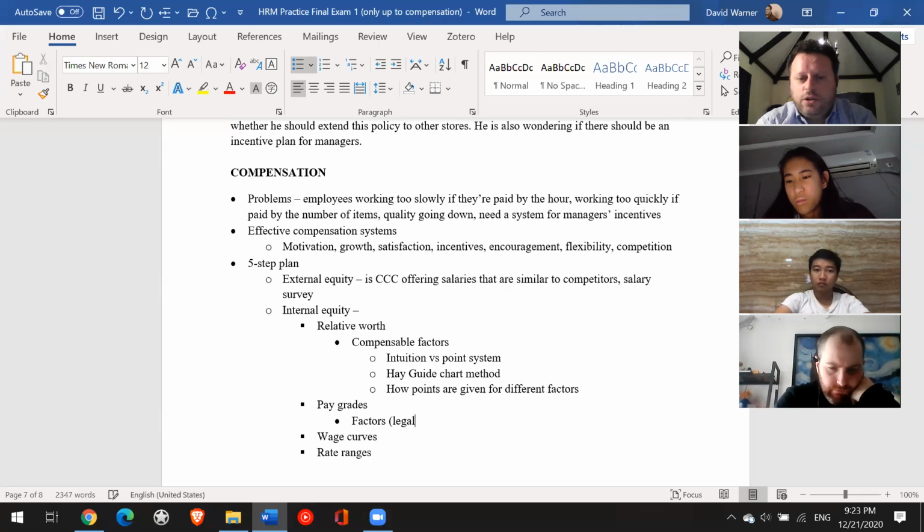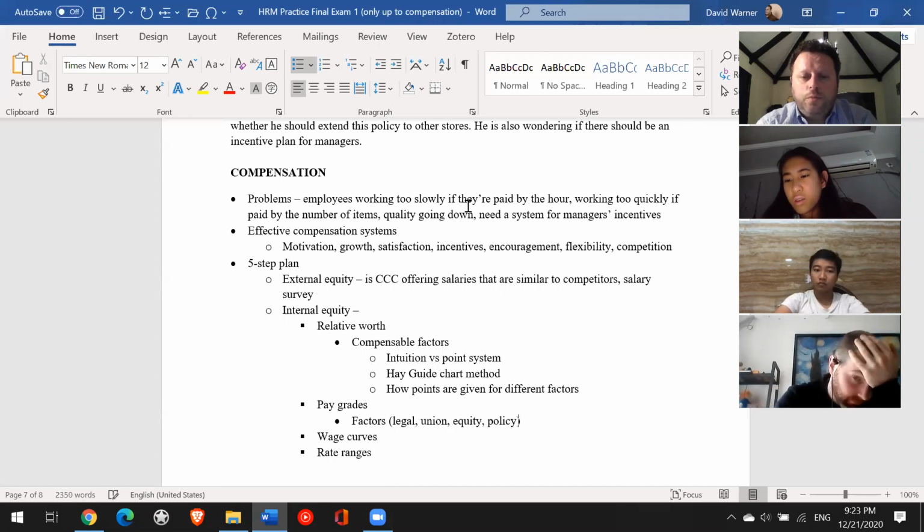Obviously, it has to be legal. You can't make pay grades in any sort of discriminatory way. You have to follow any union guidelines. You have to follow equity, which is making sure it's fair.